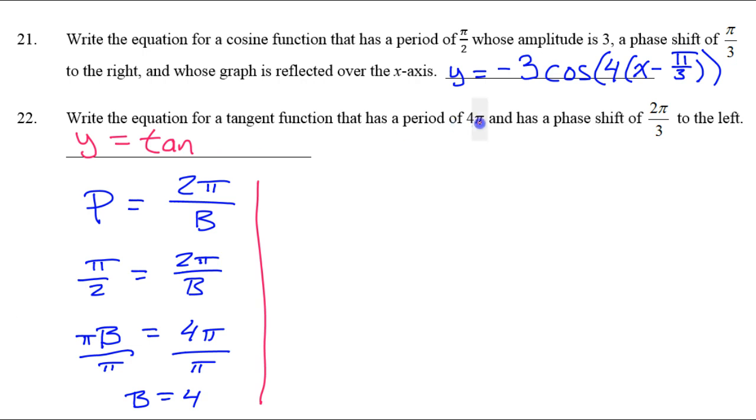Anyways, they mentioned that the period is 4 pi, so let's do this little trick again. The period is equal to the normal period divided by b. Notice I put pi, not 2 pi. Tangent and cotangent have a normal period of pi. That's why I did that. So if the period now is 4 pi, that means I will have 4 pi is equal to pi over b.